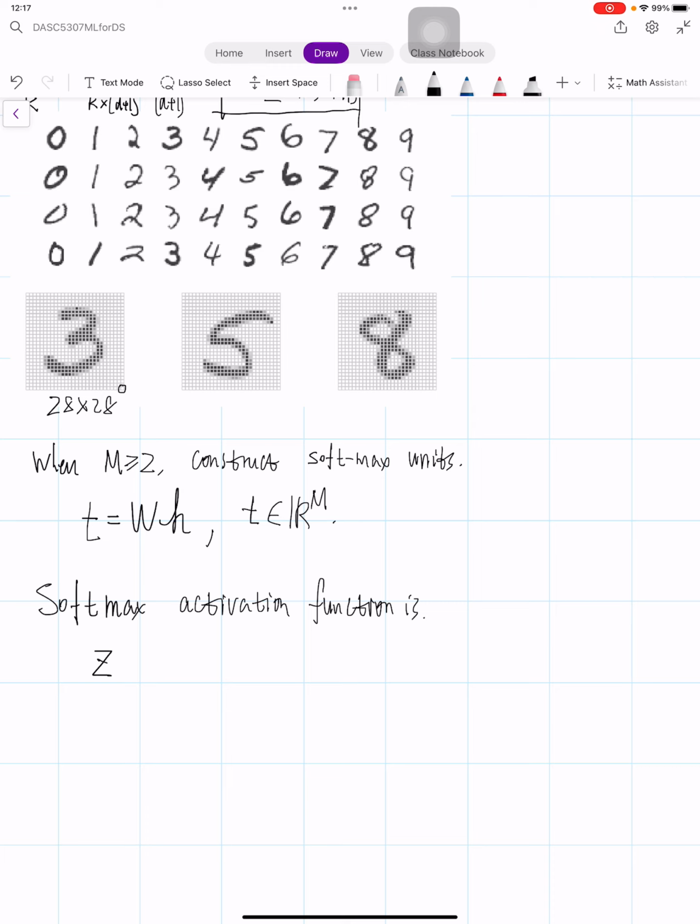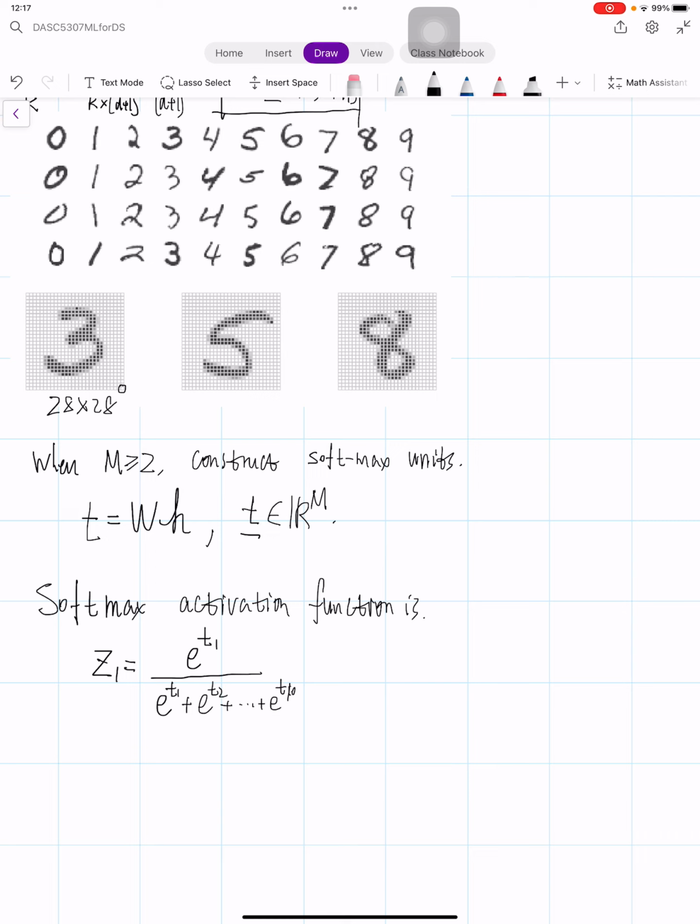Z1 equals e to the power t1, the first component of this t, divided by the summation of e to the power t1 plus e to the power t2 plus up to e to the power t10.